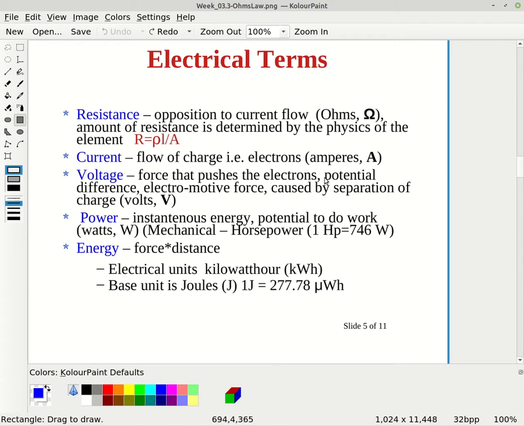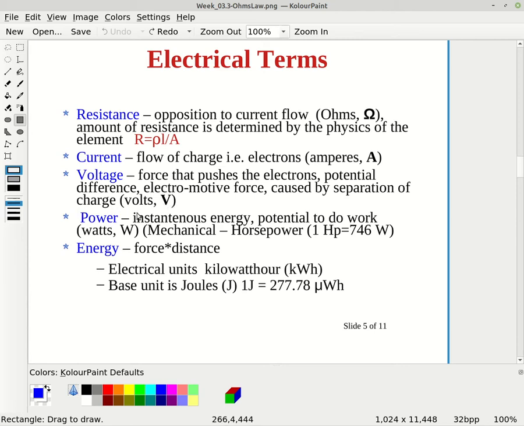And so sometimes we refer to it as a potential difference or an electromotive force. This force is caused by the separation of positive charges and negative charges. So the more charge you have built up, the more voltage that you have. Usually the unit for this is the volt, and again it's named after a scientist, so we use a capital V as the symbol for that unit.